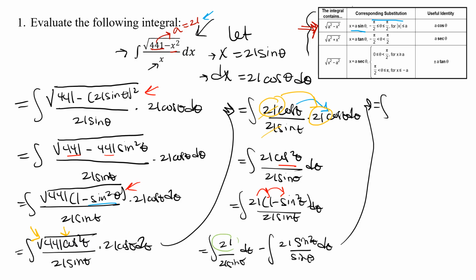So if we do that, then we really don't have a 21 here in the bottom. Okay, so that means I can take this 21 off here.